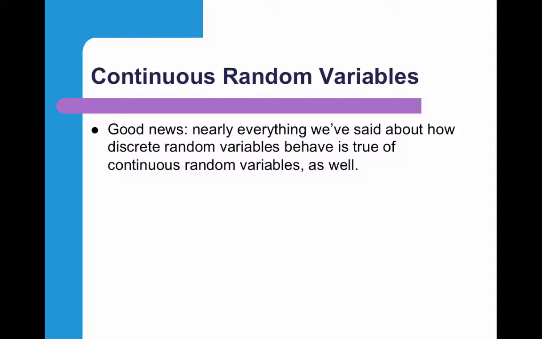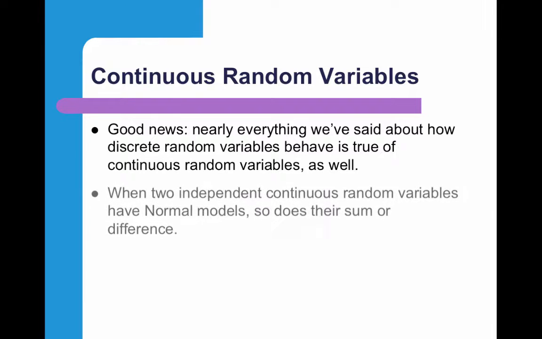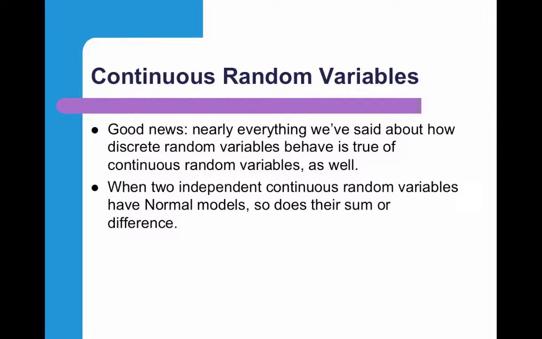The good news is that nearly everything we've said about how discrete random variables behave is still true of continuous random variables as well. So we add them together in the same way, we multiply them by a constant in the same way, all of that still applies. When two independent continuous random variables have normal models, so does their sum or difference.